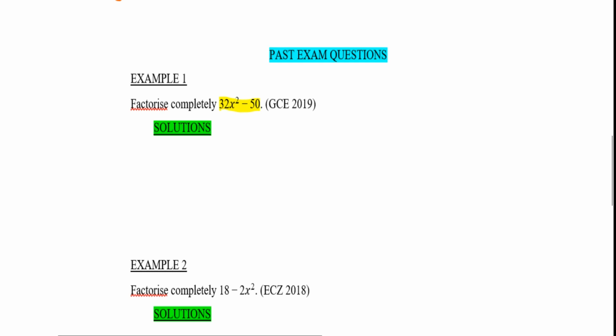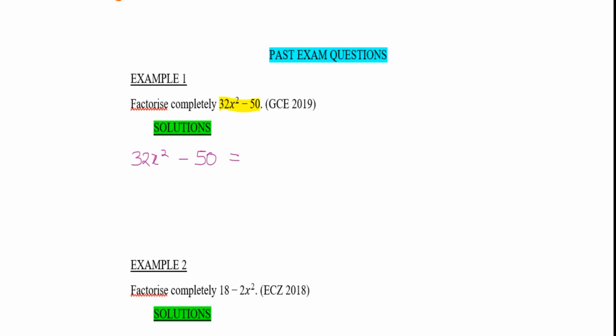Alright, so it should be factorized completely. Remember, when you factorize, there should be no other number apart from a 1 that can be divided into that expression. So we have 32x squared minus 50.